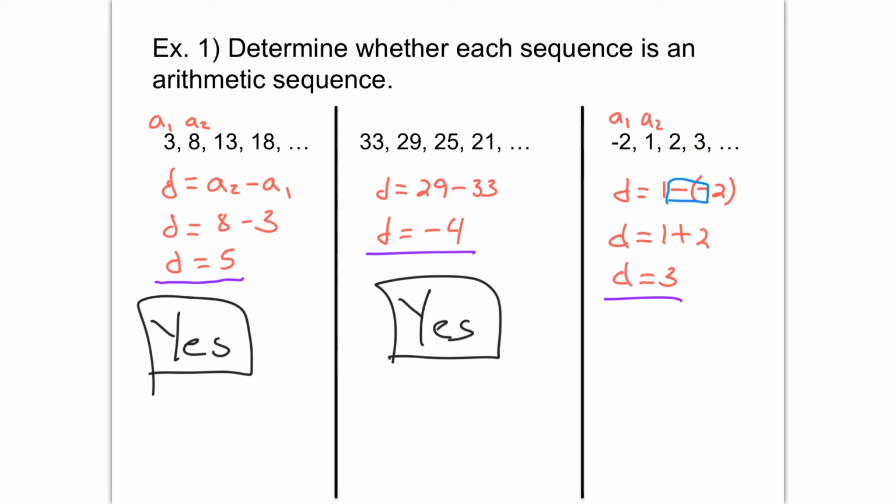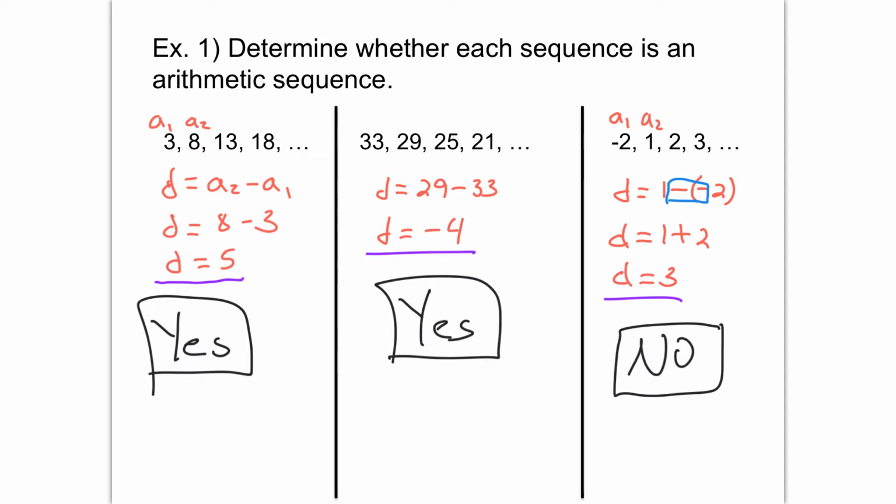So in this case, it didn't work every time. It works here when you take negative 2 plus 3 is positive 1, but the next one doesn't work. So since it doesn't work every time, we say no, it is not an arithmetic sequence. So that's how you know if you have one of those types of sequences, arithmetic. You have to check the common difference.